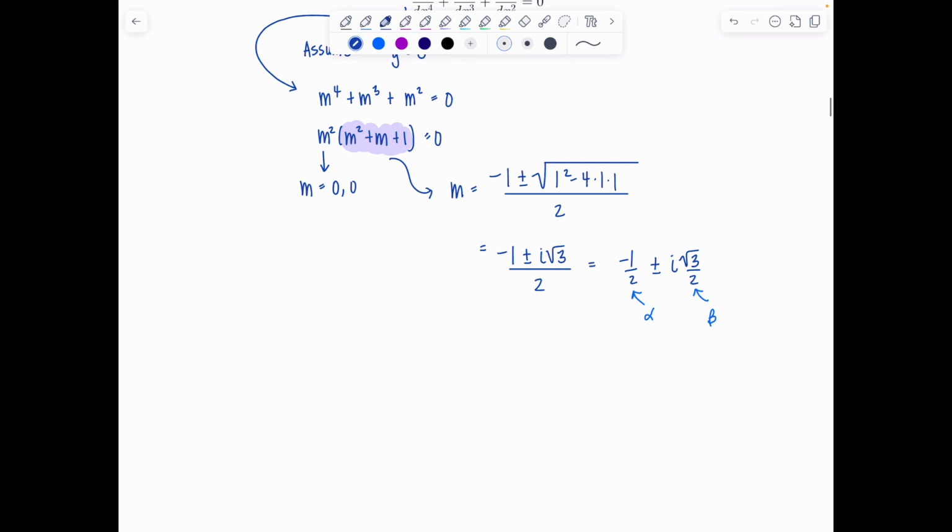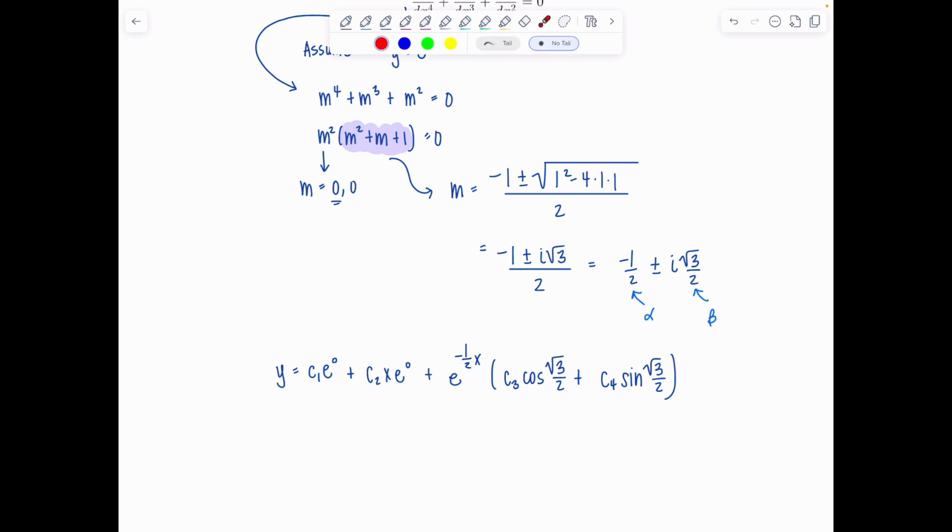You're going to have y equals c1 e to the 0 for this guy, plus c2 x, because this is a duplicated root, e to the 0, plus then we have e to the alpha x, so e to the -1/2 x times c3 cosine beta x, root 3 over 2, plus c4 sine beta x, sine root 3 over 2.